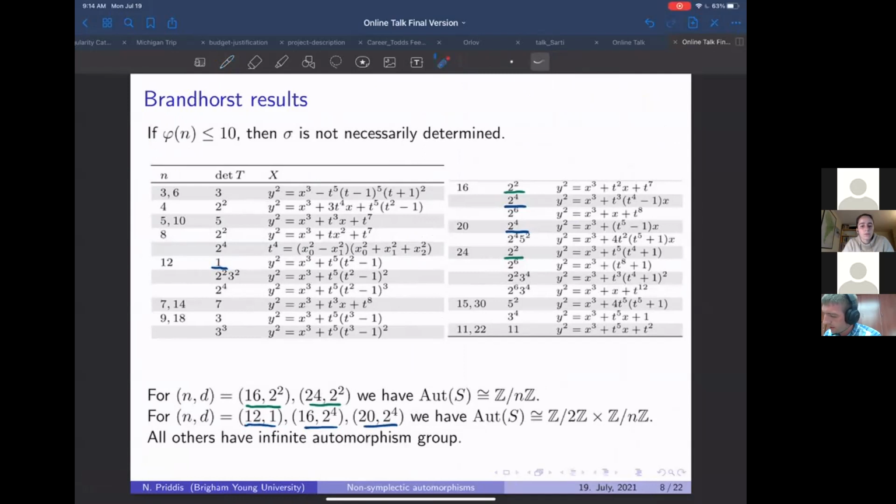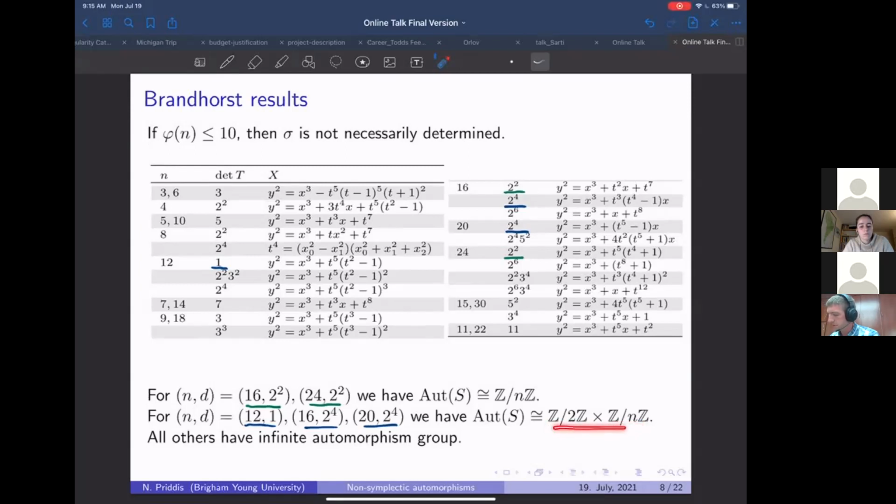If you look at these green ones here, since the automorphism group of the K3 surface is just Z mod nZ, the non-symplectic automorphism is unique. But if you look at, for example, these blue ones, so this surface here and here and here, Brandhorst's paper lists an automorphism, but it turns out there's basically exactly two.